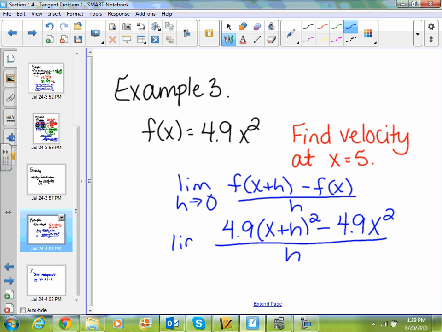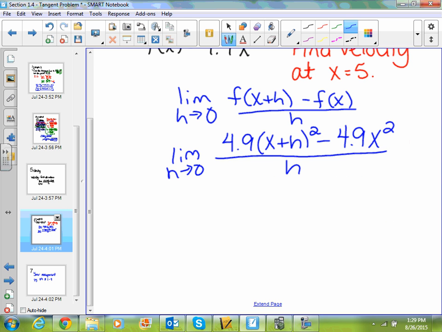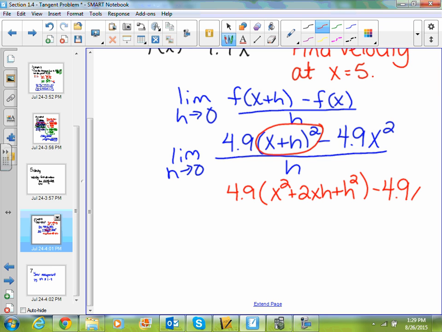And that all stays divided by h. Alright, so if I simplify, x plus h squared is x squared plus 2xh plus h squared. And then everything else would stay the same.